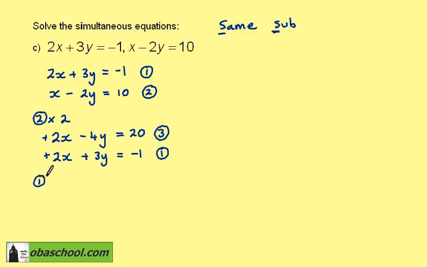Let's do equation 1 take away equation 3. The x's, of course, will disappear. We then have 3y minus minus 4y, which is going to become 3y plus 4y, which is 7y.